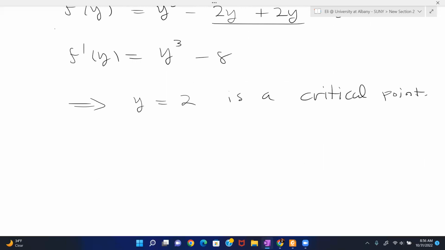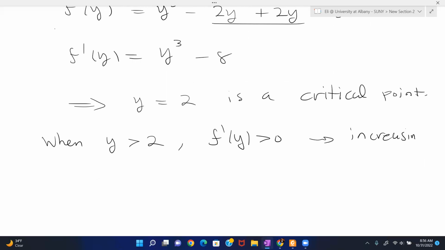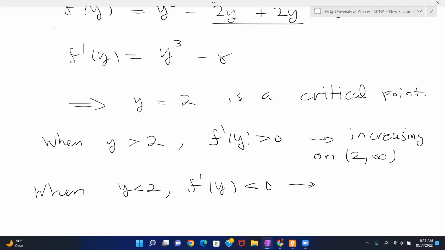But it's pretty clear that when y is greater than 2, f prime of y is positive, so it's increasing on 2 to infinity, and then when y is less than 2, f prime of y is negative, so this means it's decreasing on 2 to infinity.